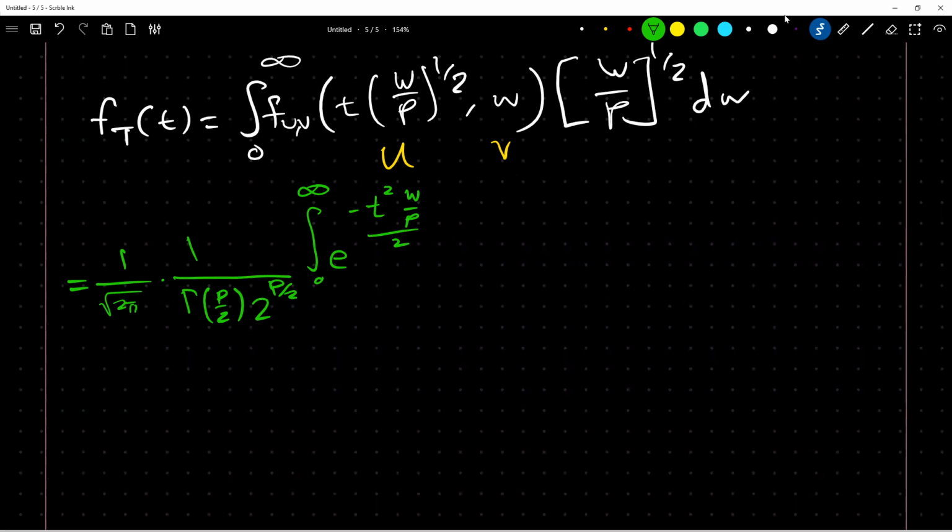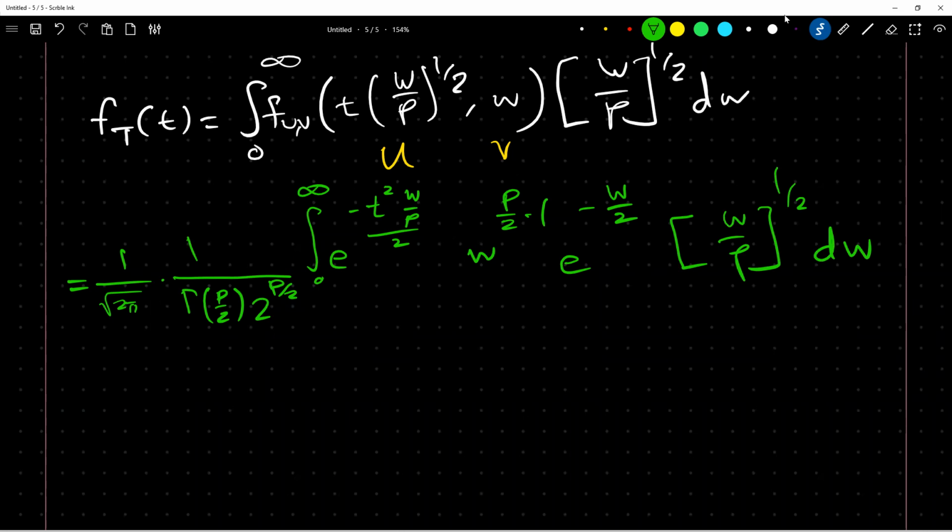Okay, so that's just the standard normal PDF, right, with these variables in here. And then I'm going to take my W here, and it's going to be P over 2 minus 1. And then I've got an e to the minus W over 2 instead of V, right? And then my Jacobian over here, W over P to the 1/2, dW.